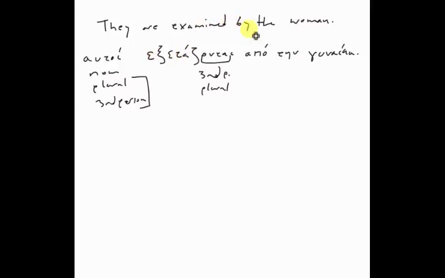But if we want to say who it's by, we have to use our agency denoter, which is the preposition apo, which takes an accusative, and the accusative in here is the noun γυναίκα, την γυναίκα. This is our accusative because apo takes the accusative. So, αυτοί εξετάζονται από την γυναίκα. I think this might be clear enough. This is how it's done.